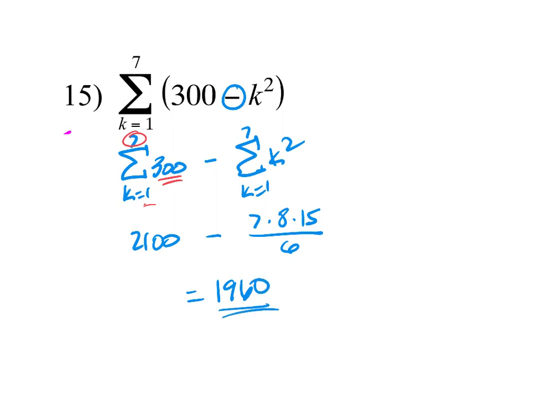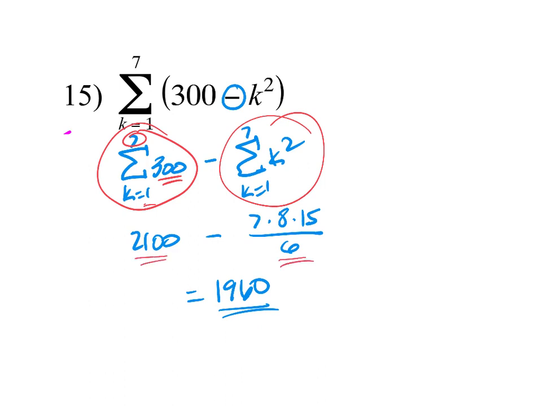So that's the value of that sum. And I just wanted to demonstrate to you that sometimes there are faster ways to compute these sums than writing out each term. Like I did not write out the 7 300s here, and I did not write out the 7 squares here. I used our properties and our formulas to more efficiently compute this sum, which was 1960.